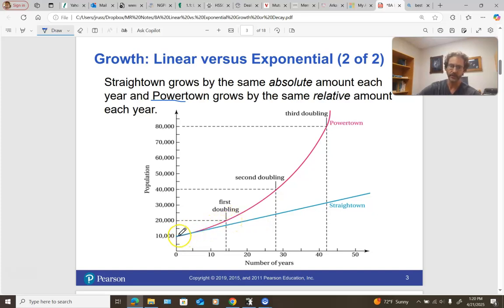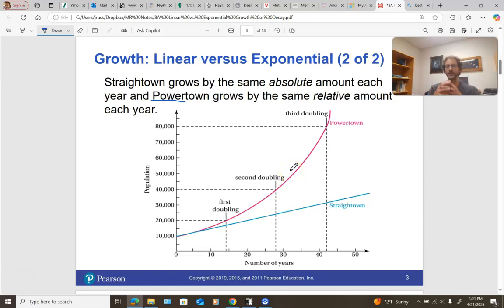Each year, it's increasing by a certain percentage. I don't know exactly what that percentage is, but after about 14 years, its population has doubled. It's gone from 10,000 to 20,000. And then after another 14 years, about 28, it's doubled again, but from the previous amount, so 20,000 now becomes 40,000, etc. So that population is growing by a certain percentage.